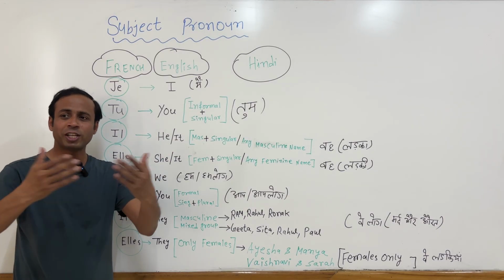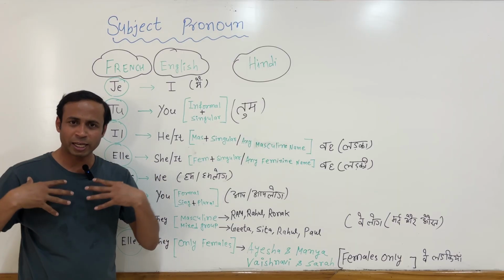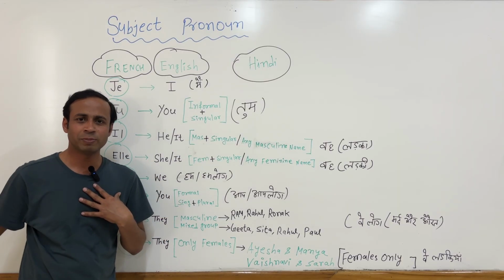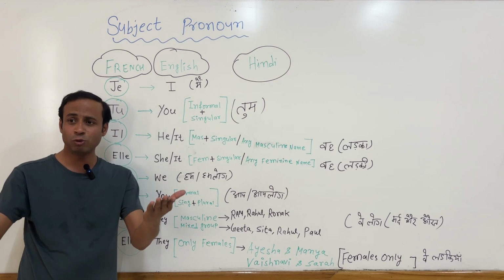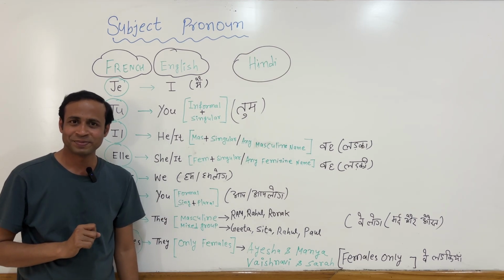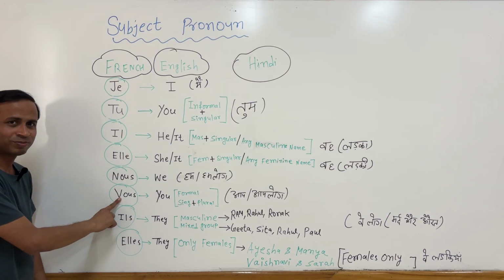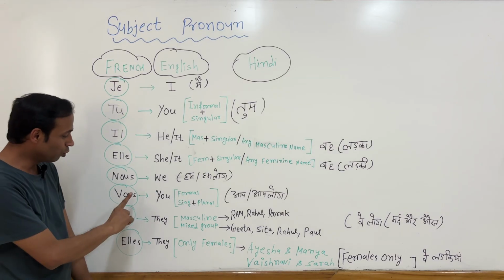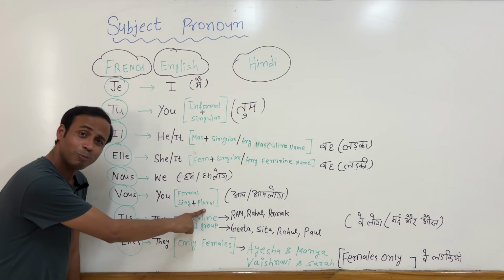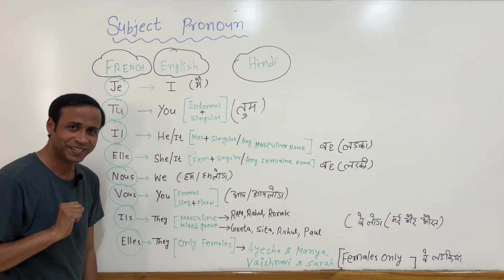But suppose I am in a classroom, I am a professor, and there are many students in my classroom. If I say to my students, you have to come on time, again I will use vous for the entire class. So vous can be used for one person as well as for plural. I hope this is clear.